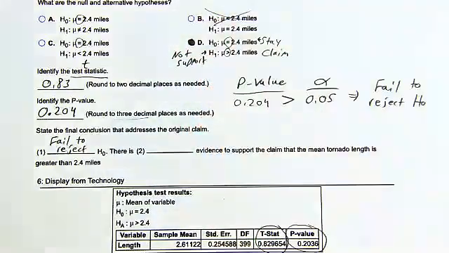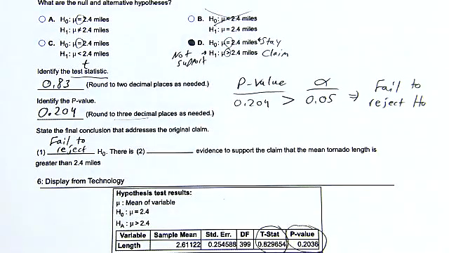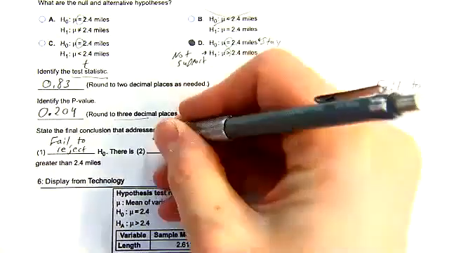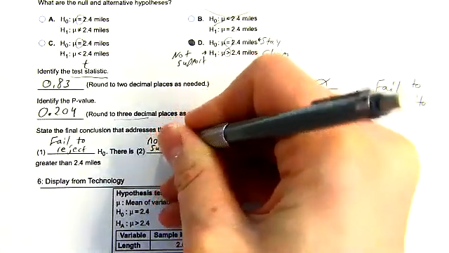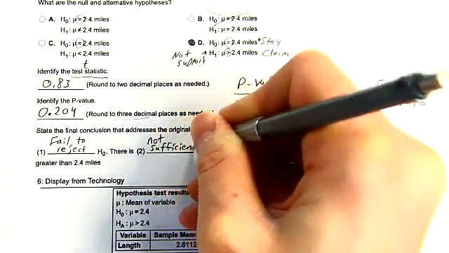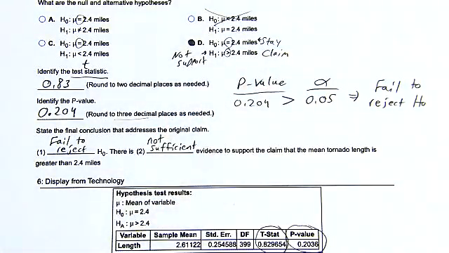Or another way to say it is, there's not sufficient evidence to support the claim that tornado mean miles is greater than 2.4.